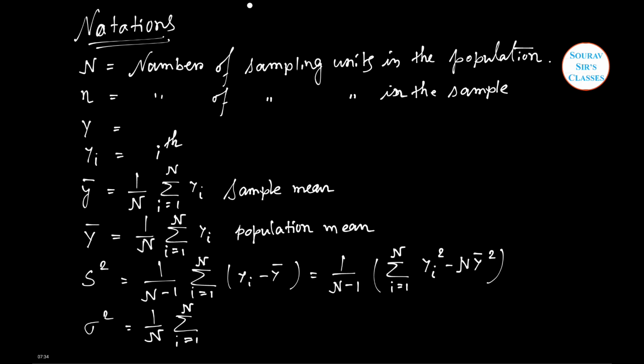Sigma square equals 1 by N summation i equals 1 to N (Yi minus Y bar) whole square, equals 1 by N summation i equals 1 to N Yi square minus Y bar square.